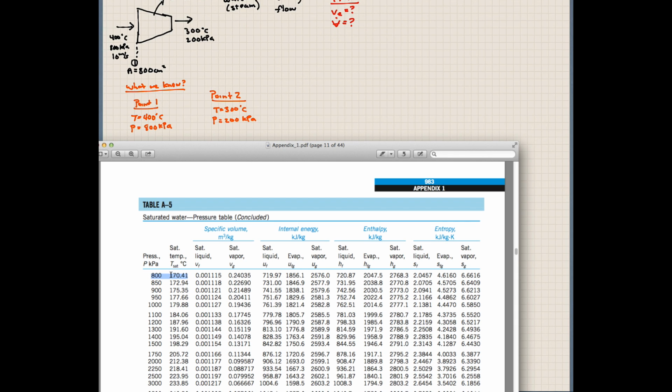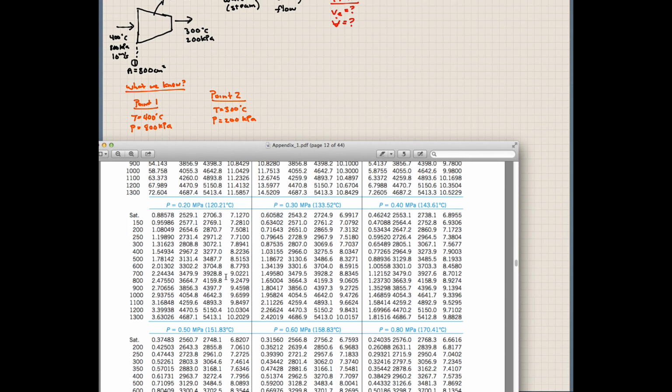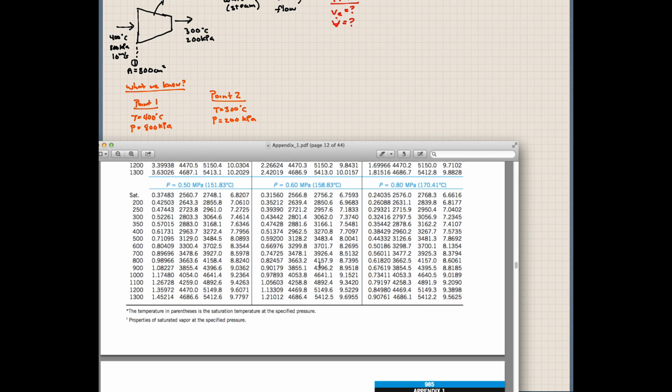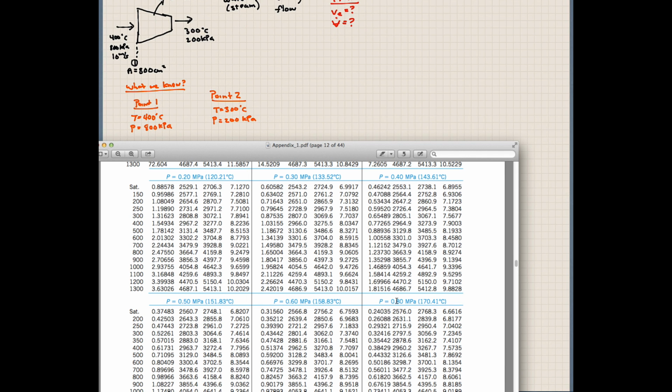So anything above 170.41 degrees Celsius is going to be a superheated vapor. And sure enough, we have 400 degrees Celsius, so we know we have a superheated vapor. We'll go to our tables here at 8.8 megapascals, which is what we have, and a temperature of 400 degrees Celsius.